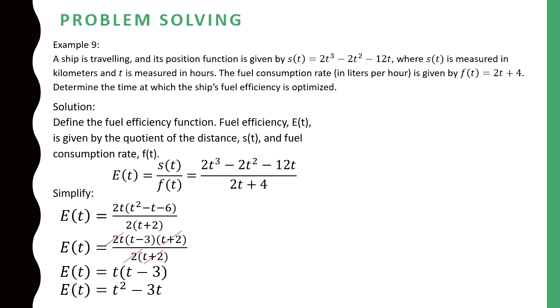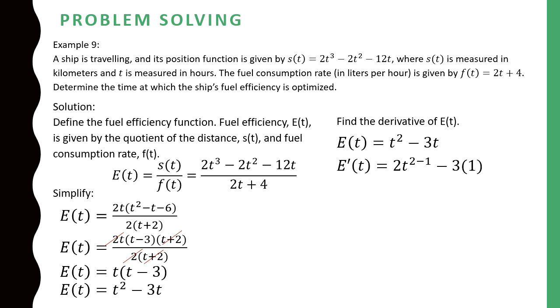From here, we now have our fuel efficiency function. Now, we have to get the derivative of our E of t, t squared minus 3t. So, derivative of this is 2 times t raised to 2 minus 1 minus 3 times 1. Or, to simplify, we get E prime of t equals 2t minus 3.